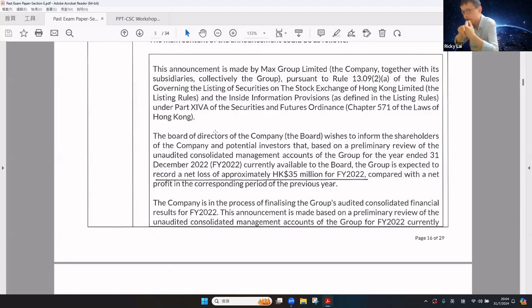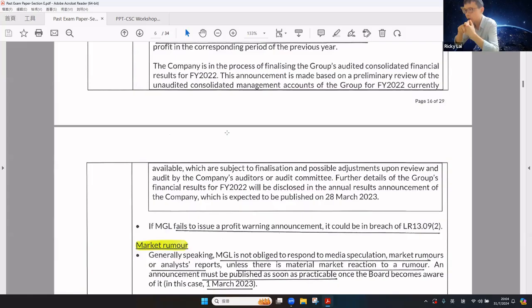This announcement is made based on the preliminary review of the unaudited management account currently available, which are subject to finalization and possible adjustment upon review and audit by the auditor or audit committees. Further detail of the financial result will be disclosed in the annual result announcement, which is expected to be public on March 28th. Should the company fail to publish the profit warning announcement, this could be a breach of the listing rule.